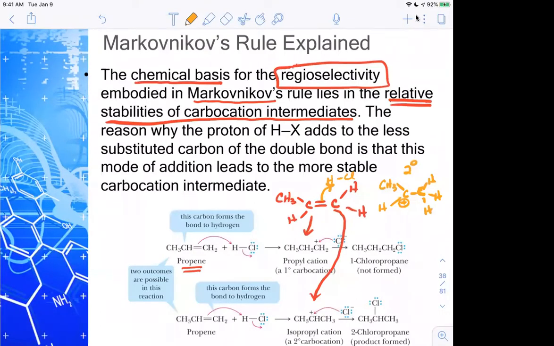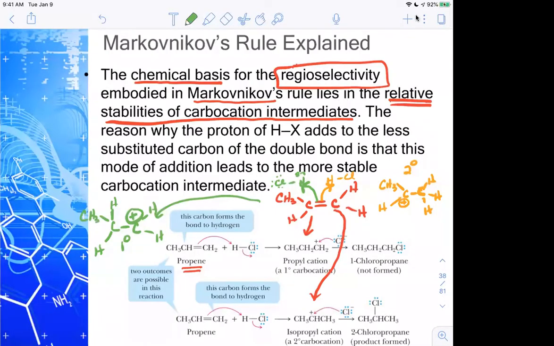The other way I can go is if I have my HCl in this direction. If it goes this way, what I'm going to get is this carbocation. So I have two different ways that this hydrogen can add, when I consider that either of the carbons of that double bond can receive that hydrogen.